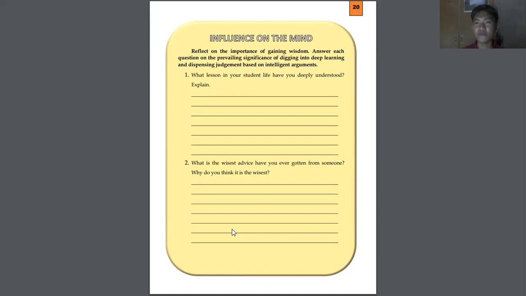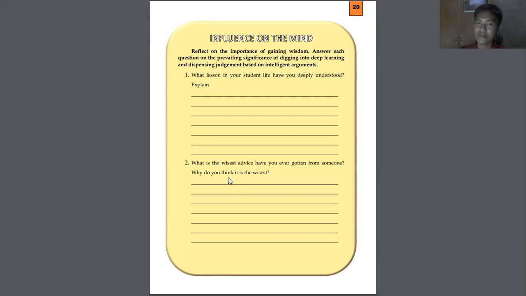No, the teacher should integrate values into his or her teaching. This is to let the students realize or reflect on some things. For example, what lessons in your student life have you deeply understood? Explain. The student will be able to explain or exhaustively share his or her thoughts about the guide questions.